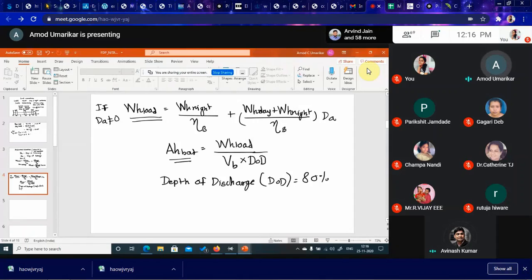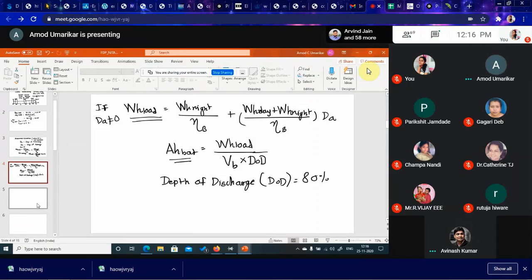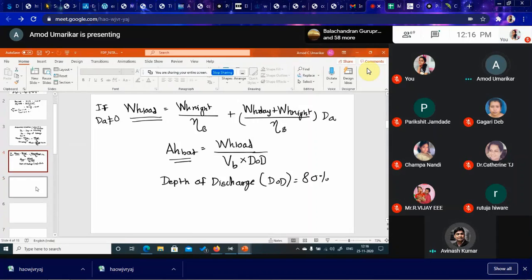Okay. Next part. What will be the next part? Size of the PV array. Once we know the battery size, we know our load profile. We have to now size the PV array.